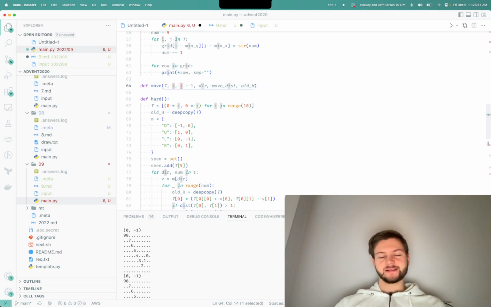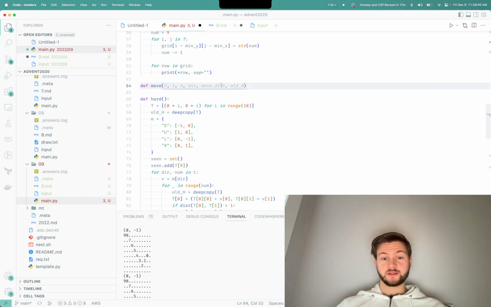Let's just call these head and tail. So the tail is following the head, of course.